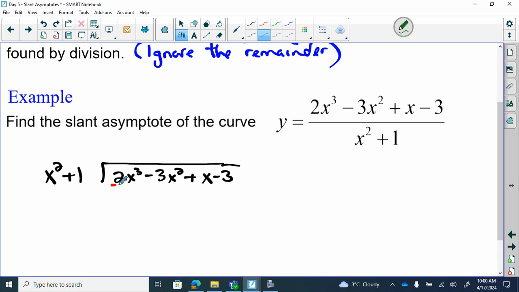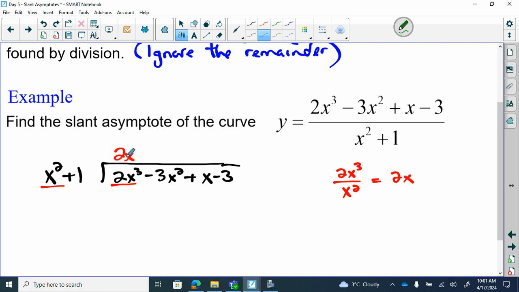I'm going to start with the first term, 2x cubed, and I'm going to divide it by x squared. So if you want to do that off to the side, 2x cubed divided by x squared, what does that give me? What's 2 divided by 1? 2, and x cubed divided by x squared is x. That's right. And I would put that on the top.